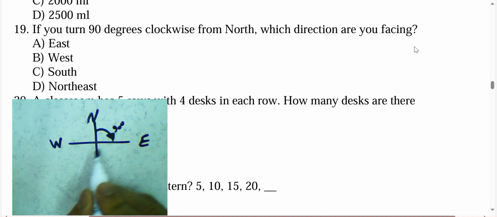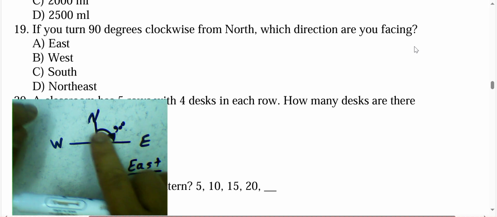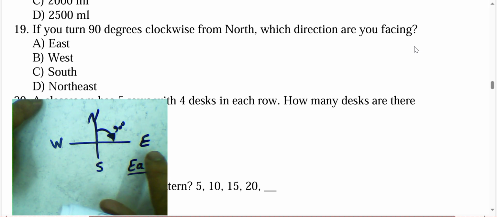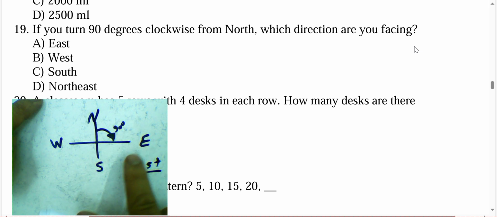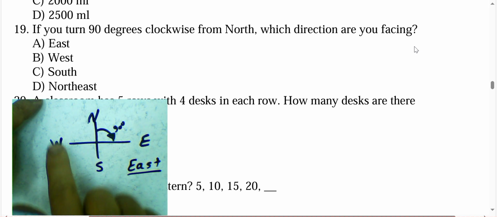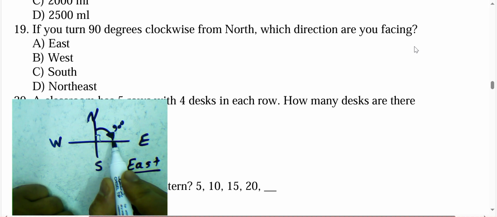About 90 degrees, we will go to the east, because he tells us you turn 90 degrees clockwise, with the direction of the clock, like this from north, east, south, west, and so on. So 90 degrees from this position to this position.